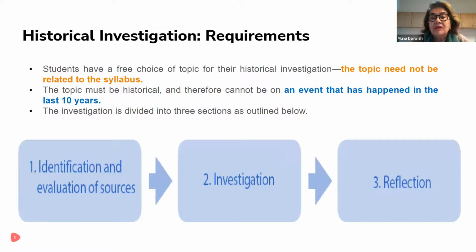The topic the students choose need not be related to the syllabus. Maybe one of us is teaching modern history, and the focus is modern history in papers 1, 2, and 3. But the student chooses to write an investigation about a medieval topic.